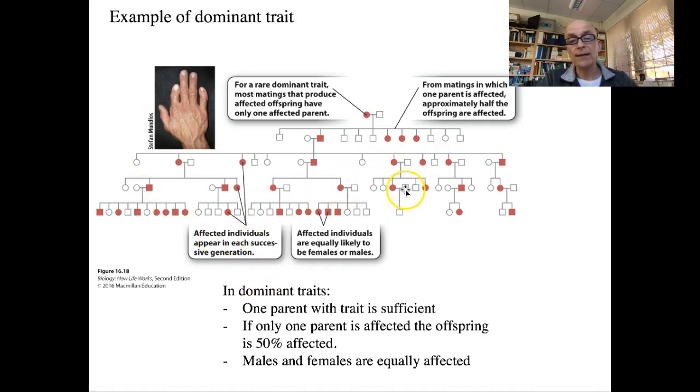You also see that males and females are both affected, and in equal numbers, relatively speaking. So overall, you have about just as many males as females. That's important because some traits are inherited on the sex chromosomes, on the X and Y chromosomes. We'll discuss that in a later lecture, what happens when a trait is transmitted through a sex chromosome.